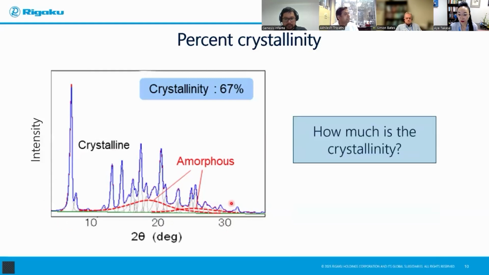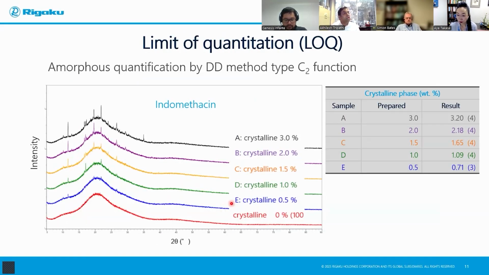To give you an example, we'll delve deeper into this. Limit of quantitation can go quite low. Amorphous quantification by direct derivation, one of our DD methods, using a type C2 function is shown on indomethacin. And here you can see the crystalline form is continuously reduced from 3% to 0.5%. 3% here in the black diffraction pattern with an amorphous sum, and 0.5% in this blue, and almost 0% in the red.